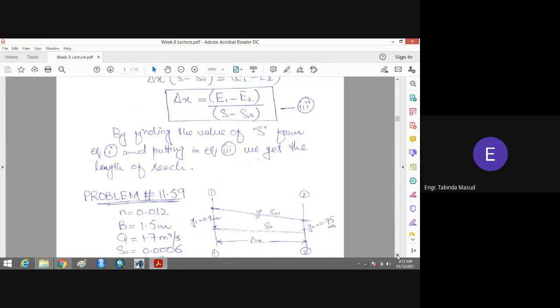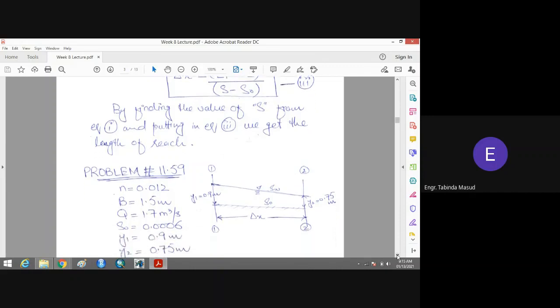Okay, this is my assumption. Well, I don't know where Y1 is and where Y2 is. Maybe Y2 is here at the upstream, and Y1 is here at the downstream. I don't know at this moment, but let's solve the numerical problem and we will come to know whether our assumption is correct or wrong. So let's take a start.